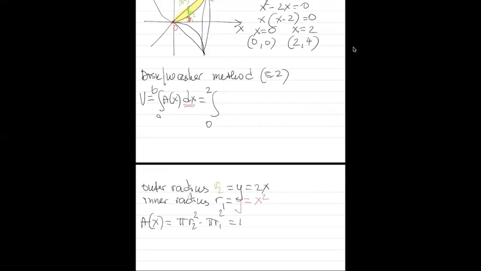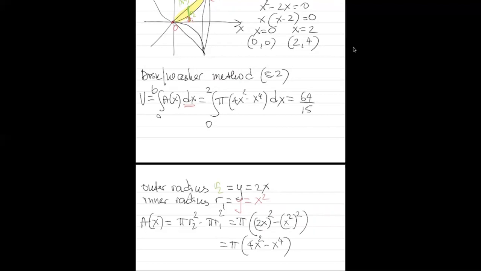We can substitute and factor out pi: R2 is 2x squared minus R1, x squared squared. So that's equal to pi times 4x squared minus x to the fourth. It's okay because we are from 0 to 2 here. Going back in our integral, we have pi times the integral of 4x squared minus x to the fourth dx. Evaluate this: 64 over 15 pi. Positive number for the volume. We could have done cylindrical shells and we'd get the same answer here.